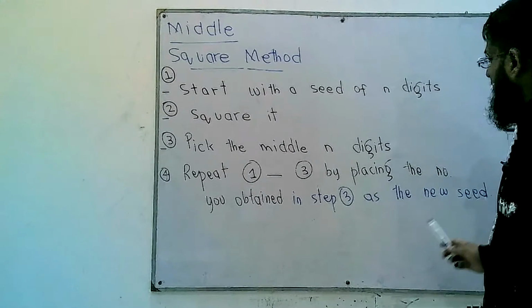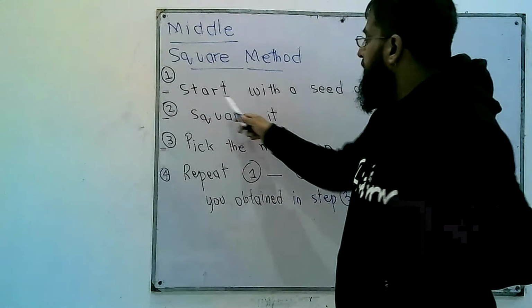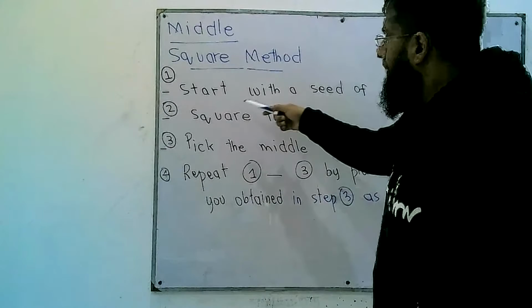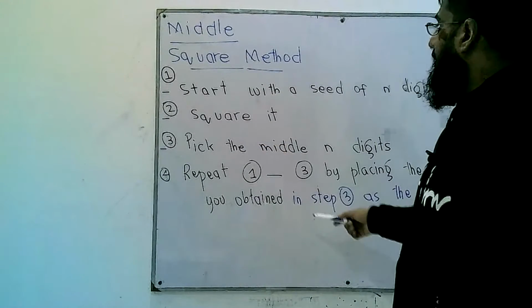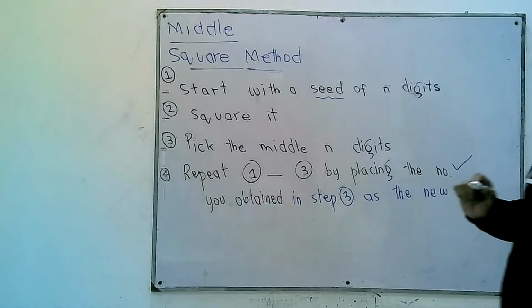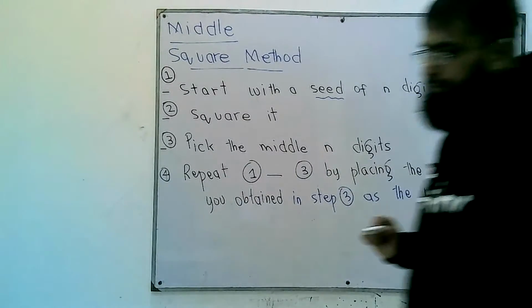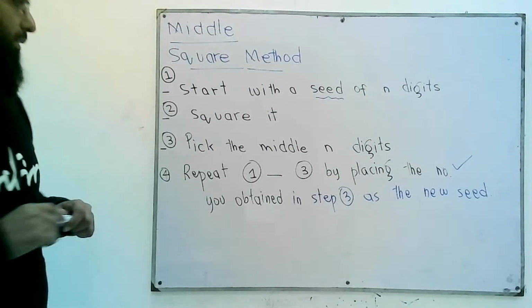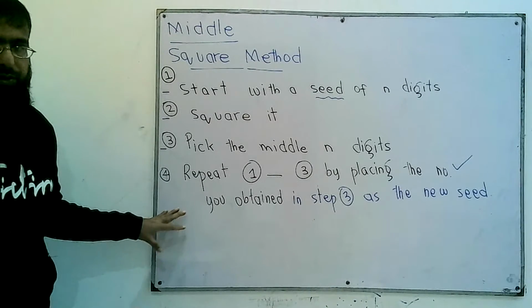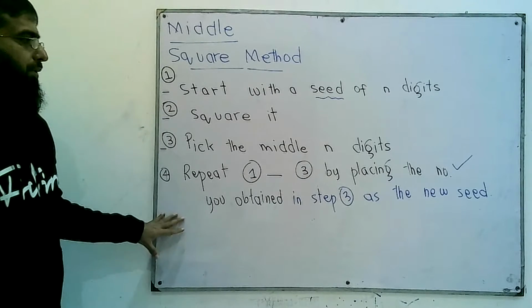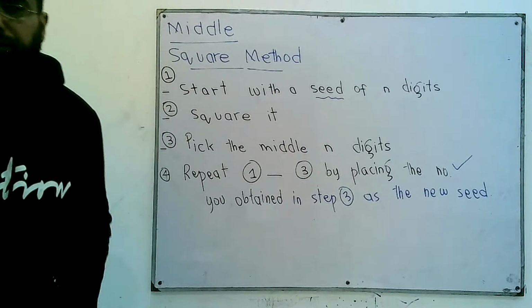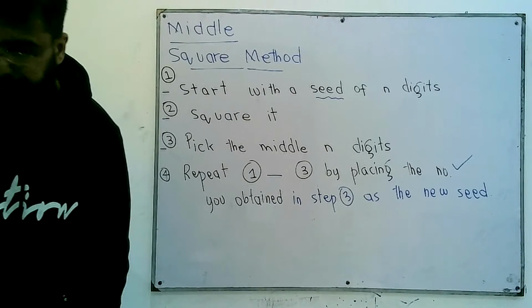So not every time you'll start with the seed. In fact, the next time you run these 1, 2, and 3 steps, you will put, instead of the seed, the numbers you have obtained in step number 3. तो अभी हम देखते हैं. अच्छा, और एक और इंटरेस्टिंग बात यह है कि in part 3 of this lecture, in the next part, I'll show a simulation in Python I prepared for you implementing this von Neumann's method, middle square method.